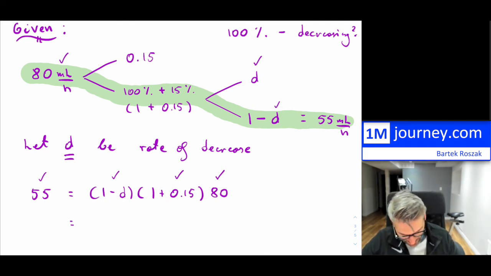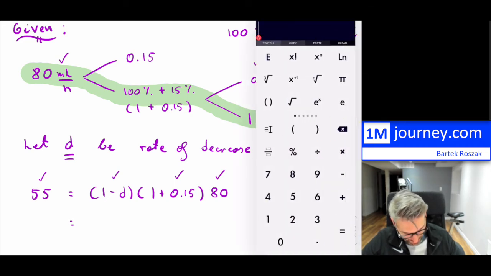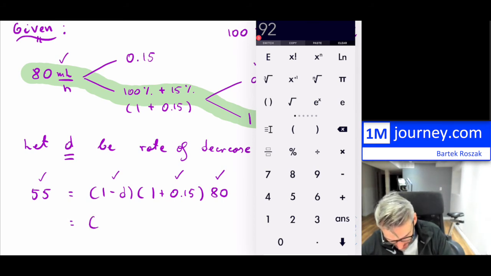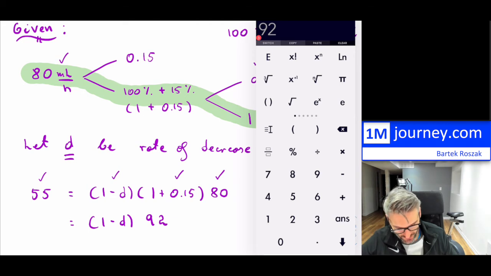I'm going to work out the brackets, which is 1.15. So 1.15 multiplied by 80 is 92. After the increase of 15%, it would have been 92 milliliters per hour.